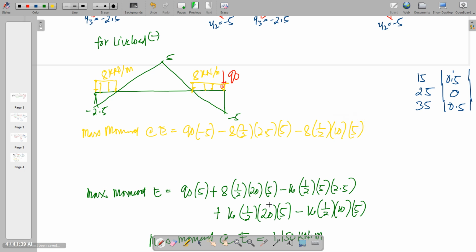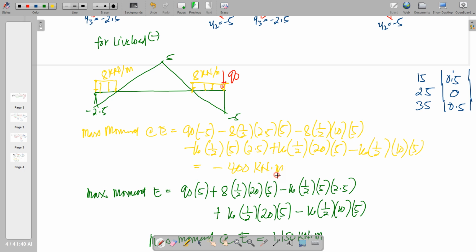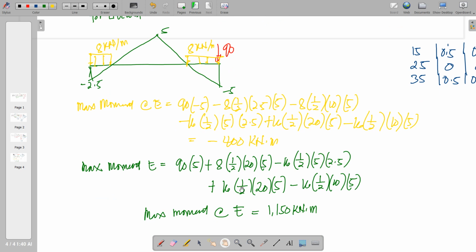And then we copy the dead load terms. Negative 16 times 1/2, 5 by 2.5, plus 16 times 1/2, 20 by 5, minus 16 times 1/2, 10 by 5. So upon calculation, we can have a value equivalent to negative 400 kilonewton meter.